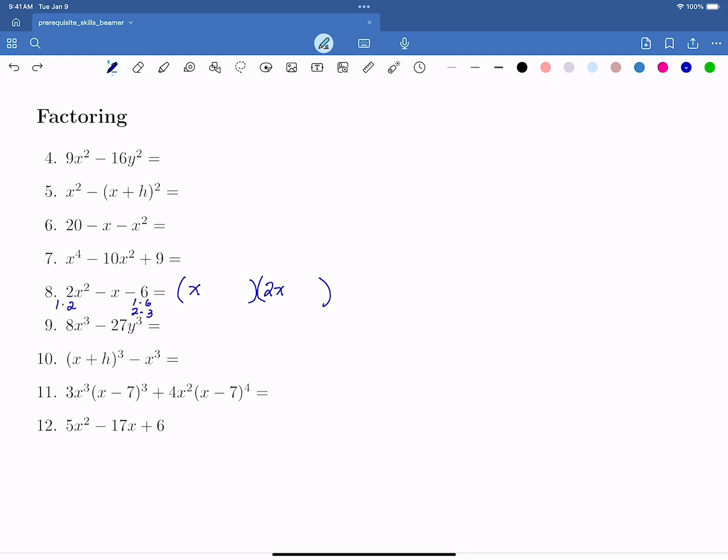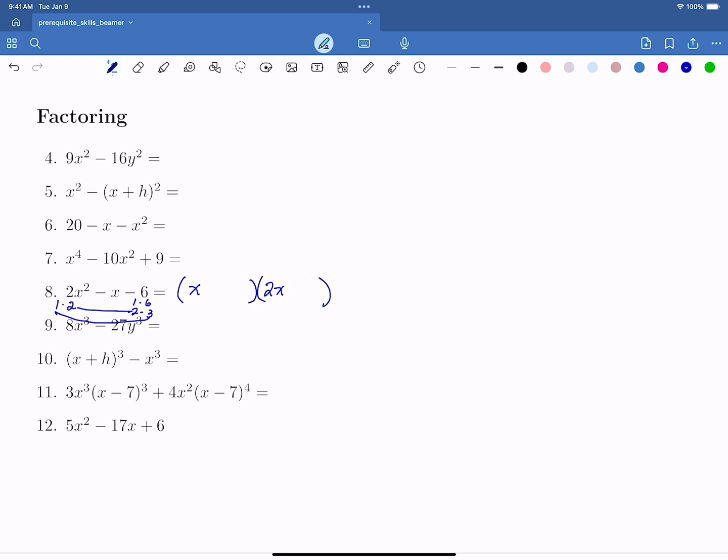Okay, so it looks like, I'm just checking, it could be 1 times 2 and then 2 times 3. 1 times 2 is 2, 2 times 3 is 6. Nope, that's not going to give me a 1. So it could be 1 times 3 and 2 times 2. 1 times 3 is 3, 2 times 2 is 4, and the difference is 1, so I think that's it.